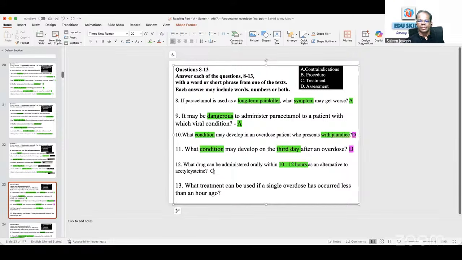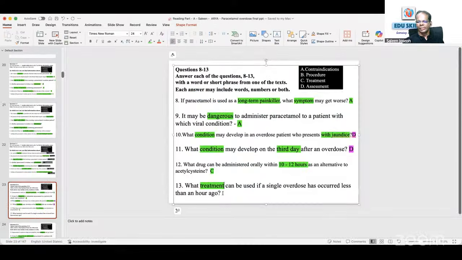Then 13. What treatment can be used if a single overdose has occurred less than an hour ago? What treatment? C, treatment. But it is answer B, overdose. Single overdose, so you have a doubt.